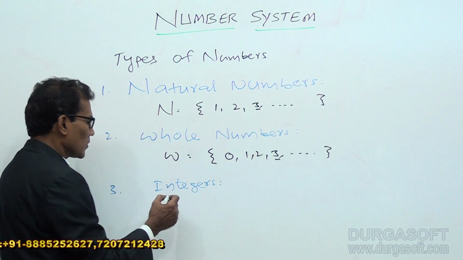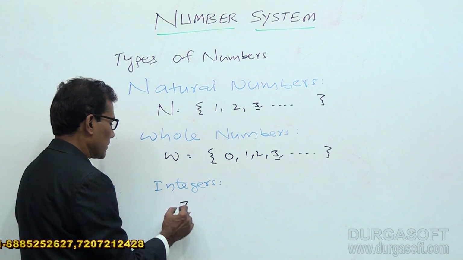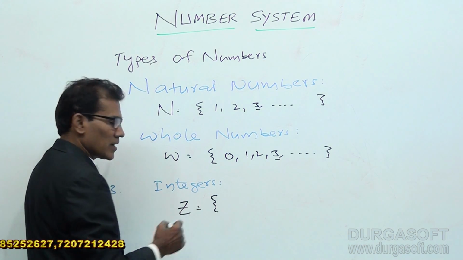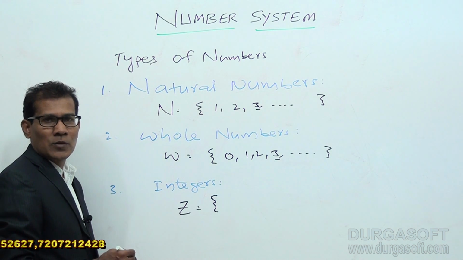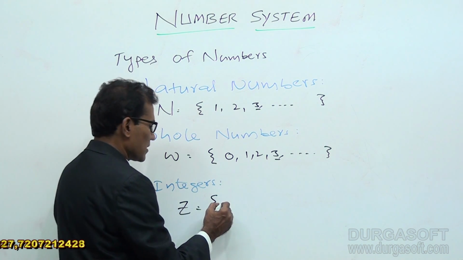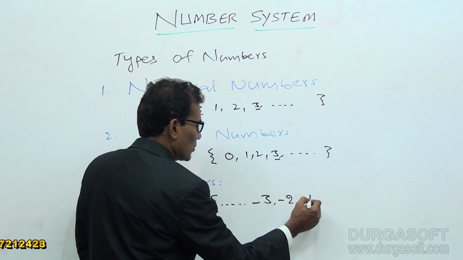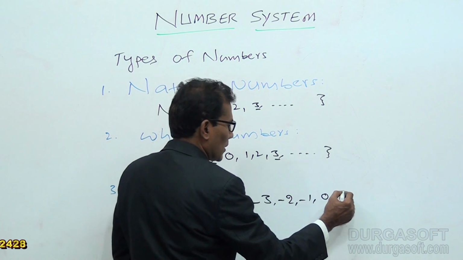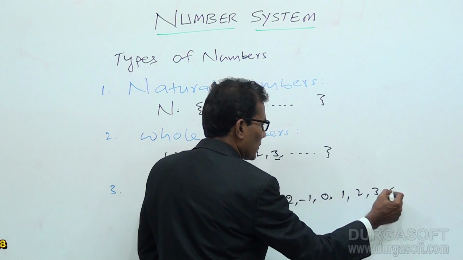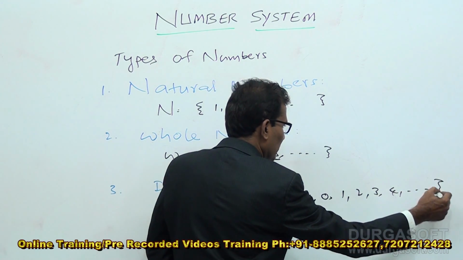Usually integers are denoted by Z. In this, negative natural numbers, 0 and positive natural numbers: dash dash dash, -3, -2, -1, 0, 1, 2, 3, 4 and so on.